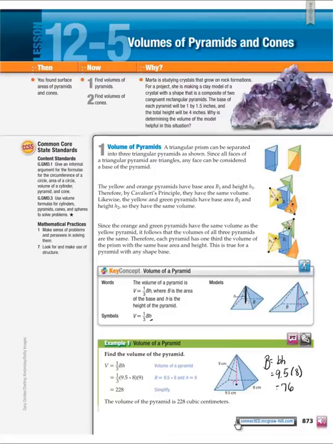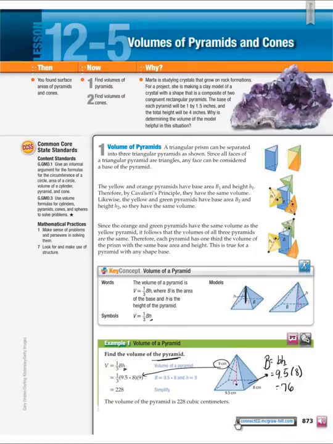Now, this height is not the same as this height, okay? This was for the base. This was the base times the height of just the base piece. This height means the height of the pyramid. So this height refers to this 9.